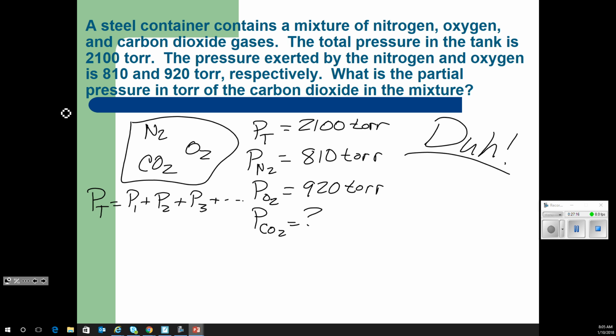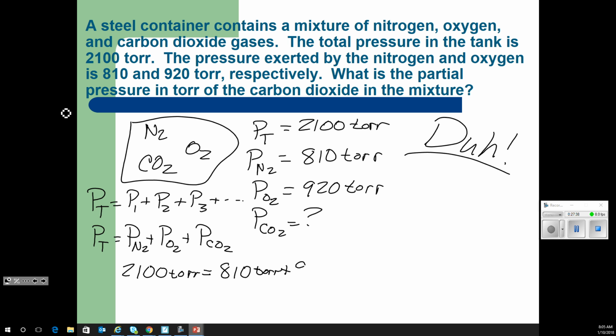So pressure total here is going to equal the pressure of nitrogen gas plus the pressure of oxygen gas plus the pressure of CO2 gas. Okay, so pressure total was 2,100 torr is equal to 810 torr plus 920 torr plus pressure of CO2. Solve for pressure of CO2.